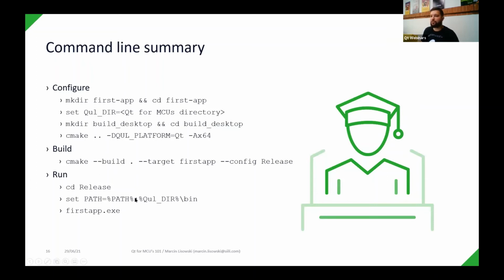And to run your app, you have to tell your operating system where the Qt dynamic libraries are located in your installation by extending the path with that directory, and then you can run your app by simply running the exe file, which is the result of compilation. For the hardware, of course, there is just a need to define the variable for the toolchain, for the compiler that you are going to use with it.